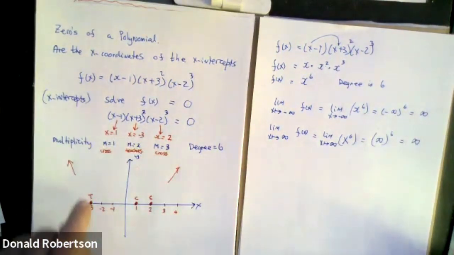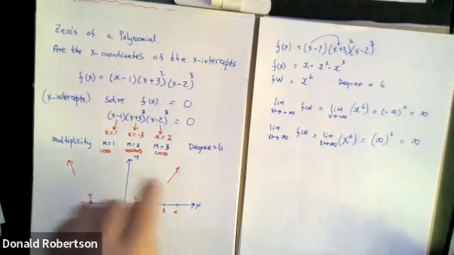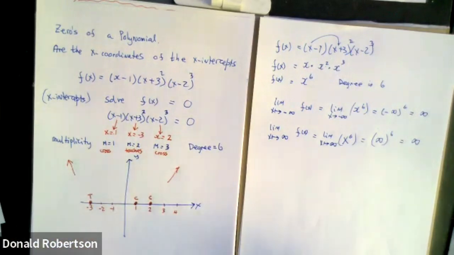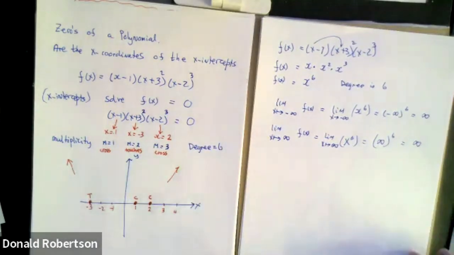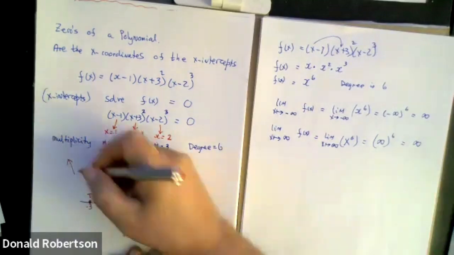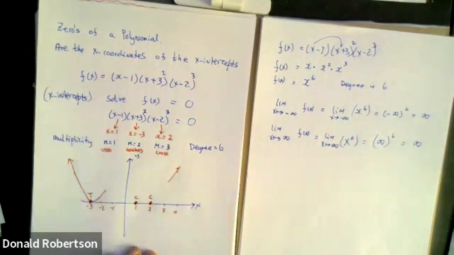Now, if you put together the three x-intercepts, and the multiplicity now tells me if it touches or crosses, and you add on top of that the end behavior, and you realize that all polynomials are basically just wibbly wobbly curves, it has to touch. So that means it has to go like that.